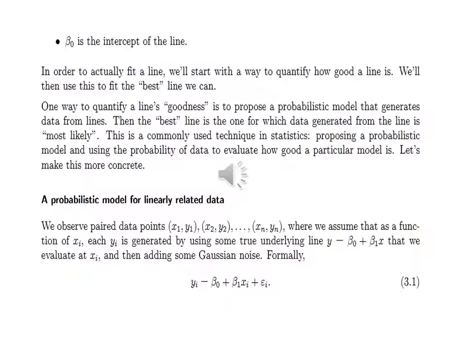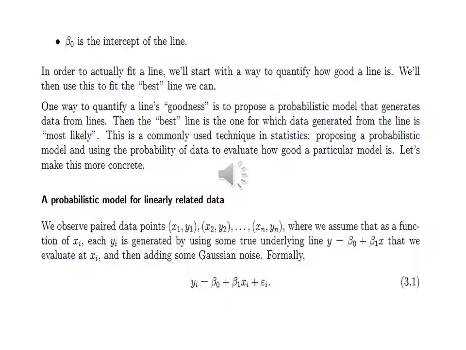A probabilistic model for linearly related data. We observe paired data points (x1, y1), (x2, y2), up to (xn, yn), where we assume that as a function of xi, each yi is generated by using some true underlying line y equals beta 0 plus beta 1 x, evaluated at xi, and then adding some Gaussian noise.